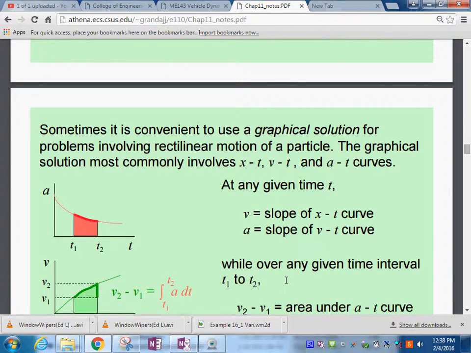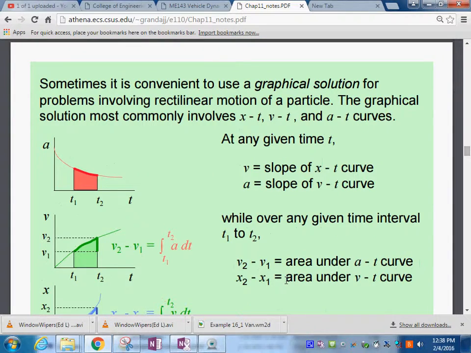Okay, let's take a look at these problems and also use the graphical approach in here. In this case, the solution involves the position-time, velocity-time, and acceleration-time curves.